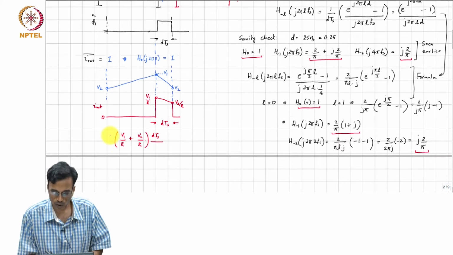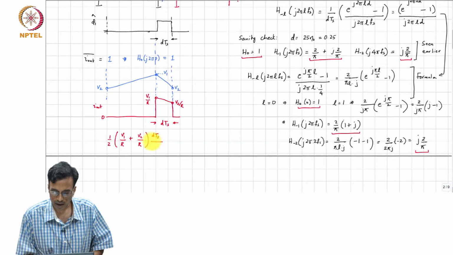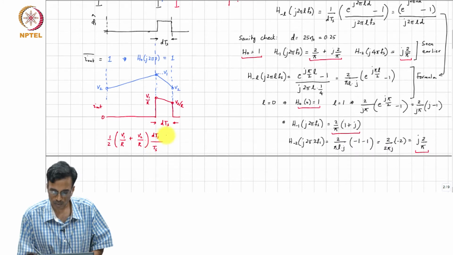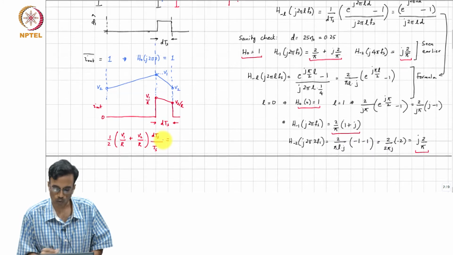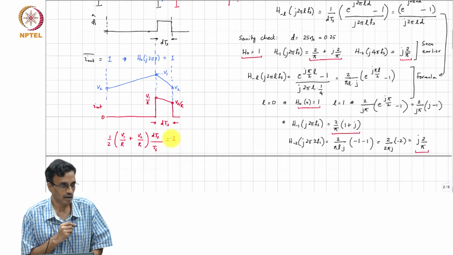The average value of V1 and V2 divided by R, times DTs divided by Ts, must be equal to 1. Does it make sense? Right?